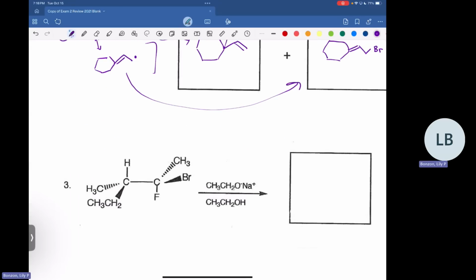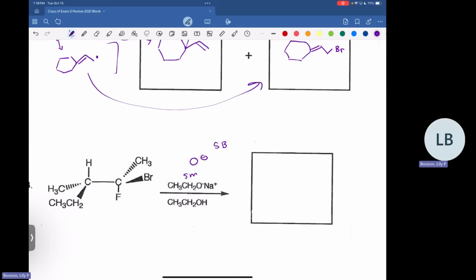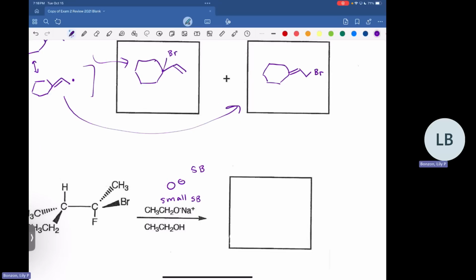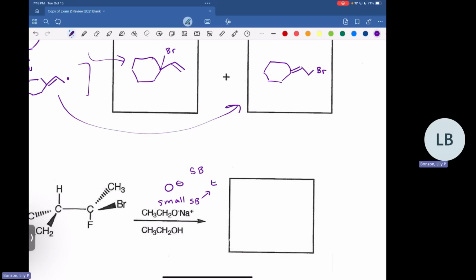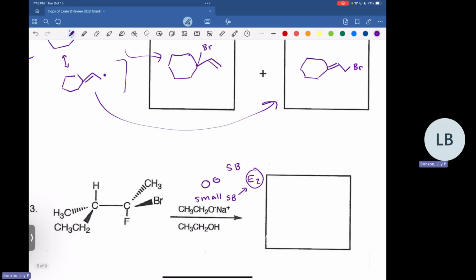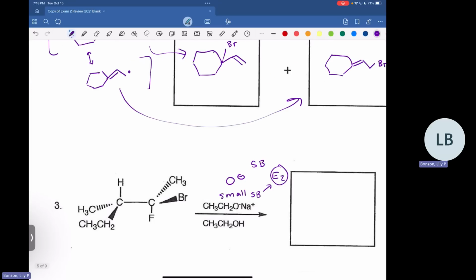So in this question, we're given an O-. That's going to be a strong base. It's going to be a small strong base since it's just an ethyl group. So if you follow the flow chart, you'll come to the conclusion that this is going to be an E2 process. For E2, remember we need either trans-diaxial for cyclic compounds, or it's called anti-coplanar in linear compounds.